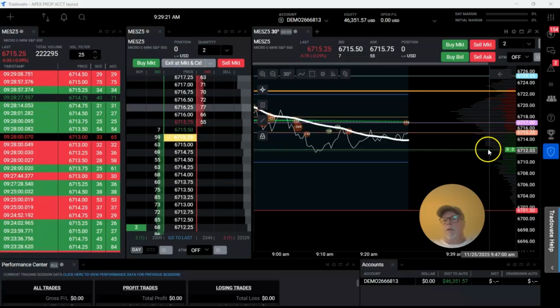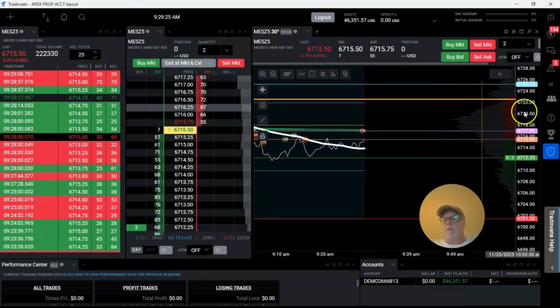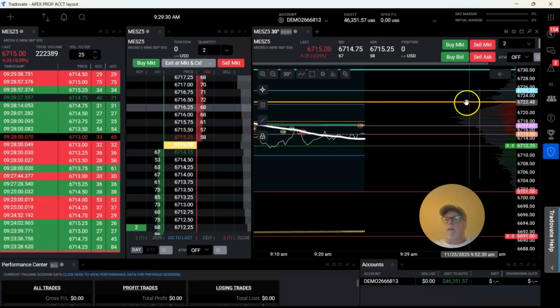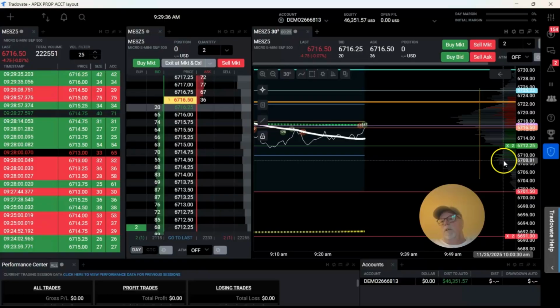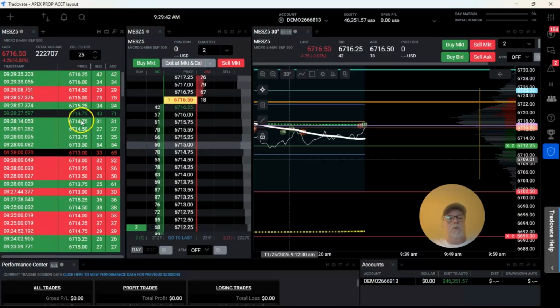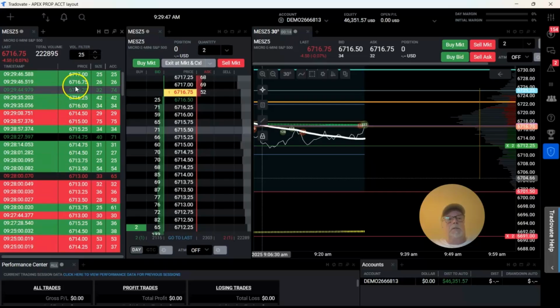I was trying to make a play off of this little ledge. You can see a nice little distribution, right? Tight distribution right there. Trying to make a play here. Of course, it could go down here too, but some more buyers coming in, pushing it up, pushing it up, pushing it up.